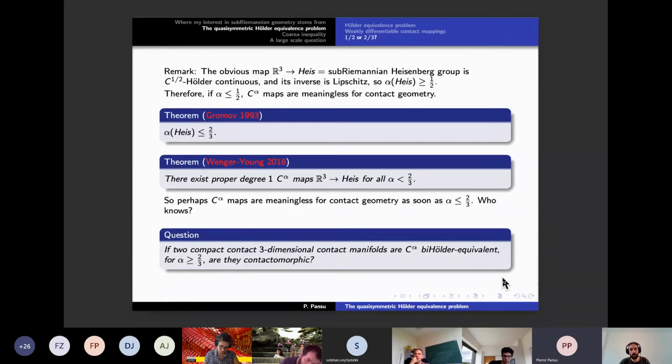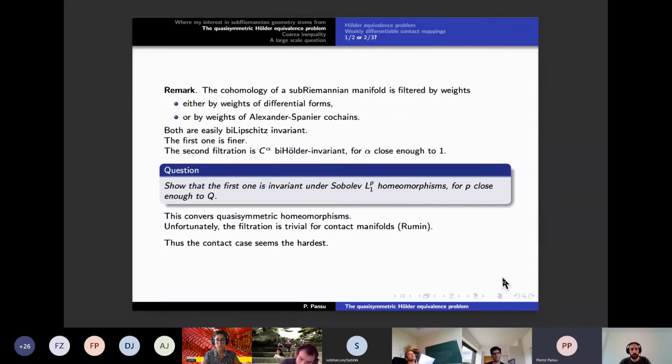But to some extent, maybe we understand better higher dimensional and higher step sub-Riemannian metrics. And I will simply say a few words on this. Here is an invariant that one can attach to a manifold, a filtered manifold, a manifold with a distribution. It's a filtration of differential forms by weights.